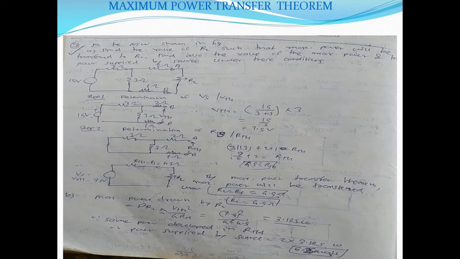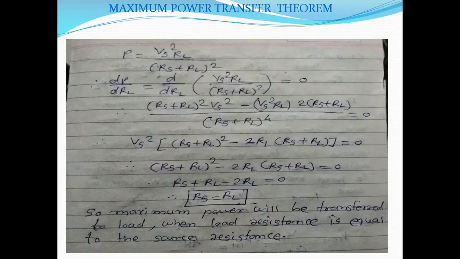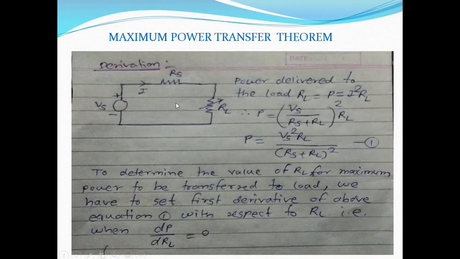The power supplied by the source. Always keep in mind that whenever we solve the maximum power transfer theorem, we convert the circuit into a simple equivalent circuit in which RS and RL are connected in series. But for maximum power transfer, RS is equal to RL.